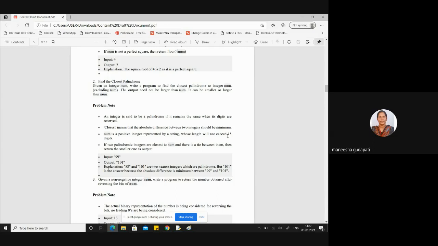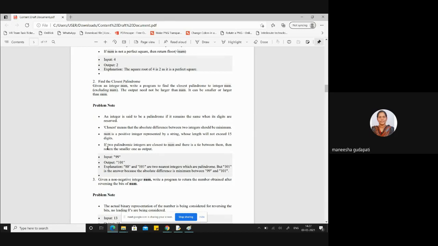This is one constraint. You have to strictly follow it. If the length exceeds 15 digits, you have to give an error message or something like that.